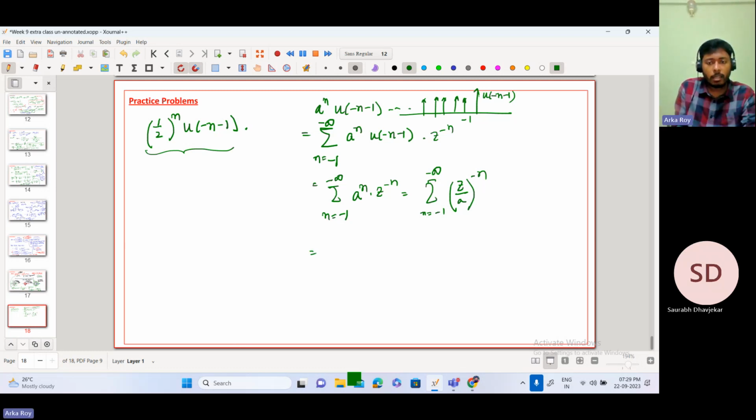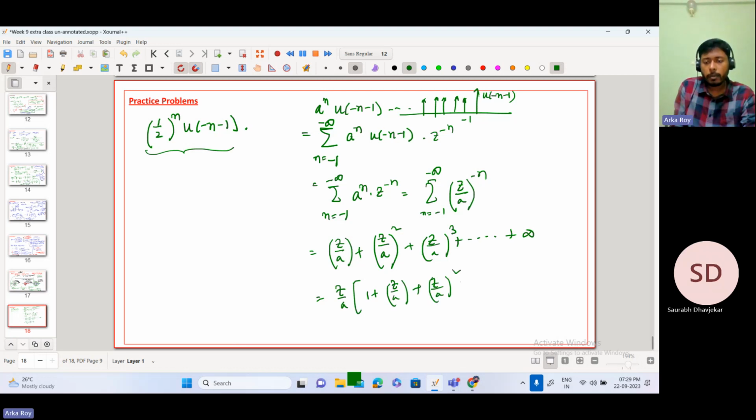Now for this, I can start writing the equation by breaking down the summation part. It will be z upon a squared, z upon a cube, and like that, and it will go till infinity. If I take z upon a common, it will be 1, z upon a, then z upon a squared.